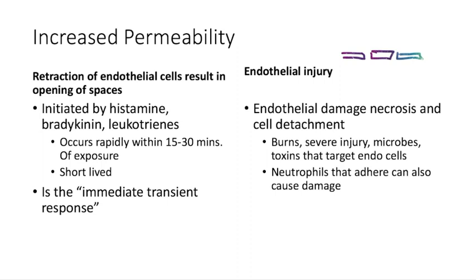So that's kind of more direct damage to the endothelium. So this may be why we have varying degrees of increased vascular permeability. So as we know with severe burns, the vascular leakage induced by that mechanism can cause life-threatening loss of fluid. So that is what they believe is the main mechanism.